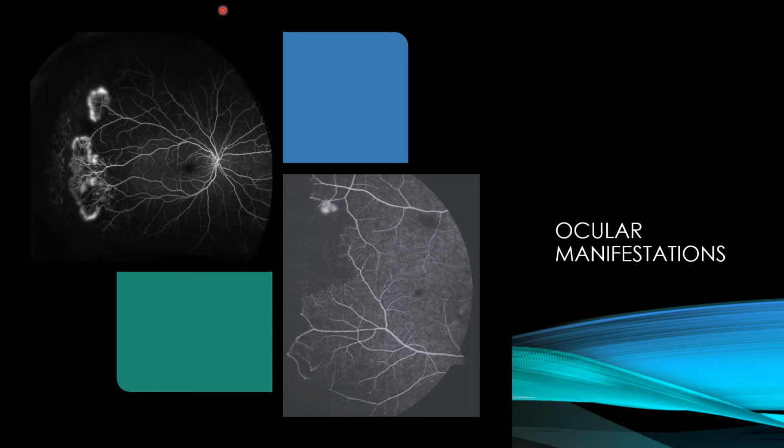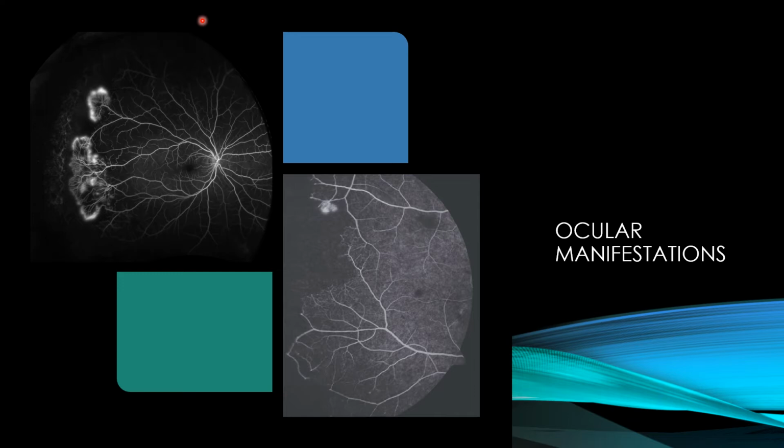So, ocular manifestations. Again, this is a disease that is affecting blood cells, and when we're talking about blood, we're going to be talking about the vasculature of the retina. Ocular involvement, the signs and symptoms tend to be mild and asymptomatic.